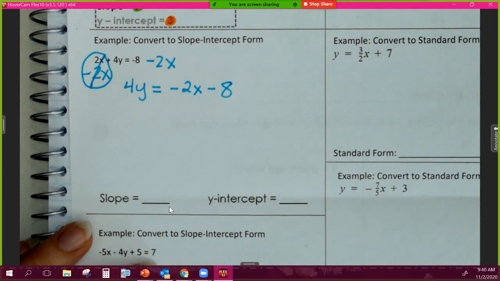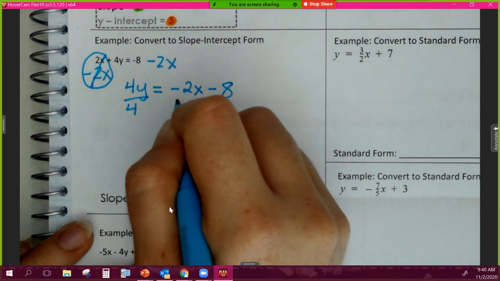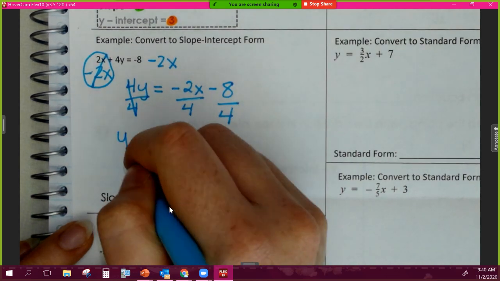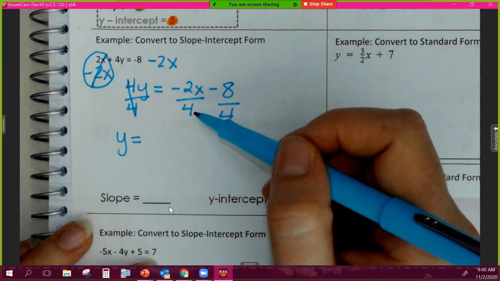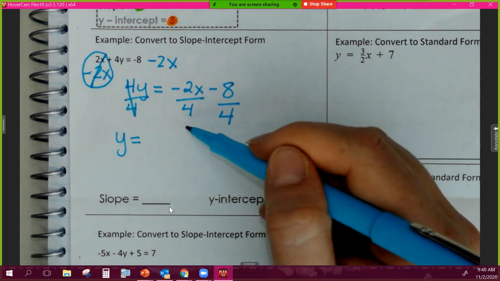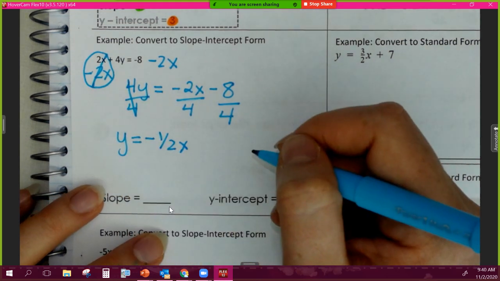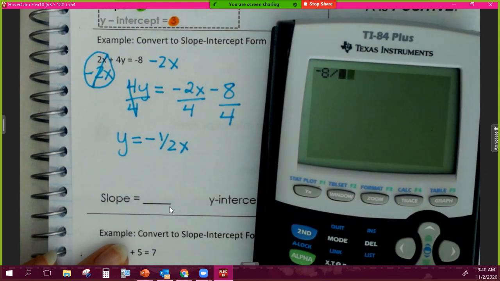Now what do I need to do? We have to divide by 4. Right. Divide everything by 4. Okay. So y is equal to -2 divided by 4. That reduces to -1/2. Reduce that fraction. And then -8 divided by 4 gives us -2.